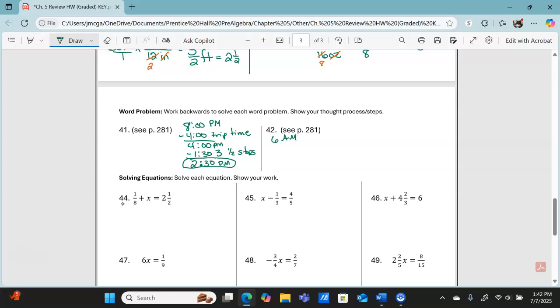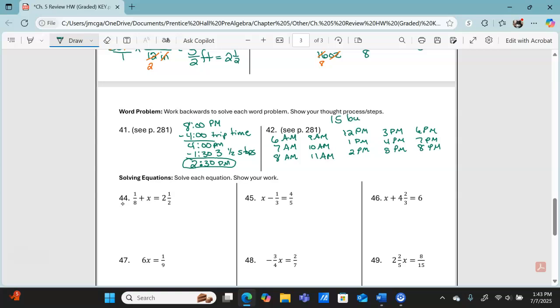So 6 a.m. every hour to 8 p.m. So 7, 8, 9 a.m., 10 a.m., 11 a.m., 12 noon, 1 p.m., 2 p.m., 3 p.m., 4 p.m., 5 p.m., 6 p.m., 7 p.m., and 8 p.m. So we have a total of 1, 2, 3, and then there's 1, 2, 3, 4, 5.